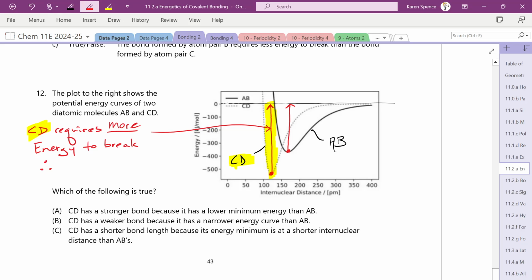And therefore, is the CD bond stronger or weaker than AB? Therefore, CD is stronger than AB. So this one is good here, this one is wrong because CD is not weaker.